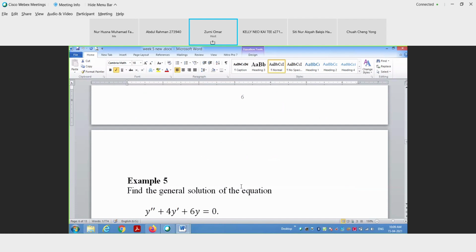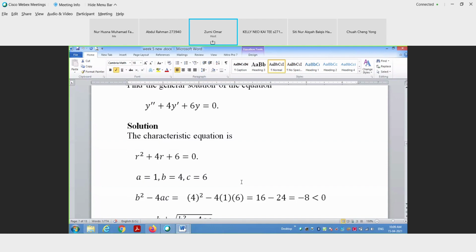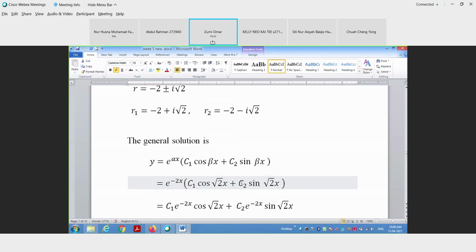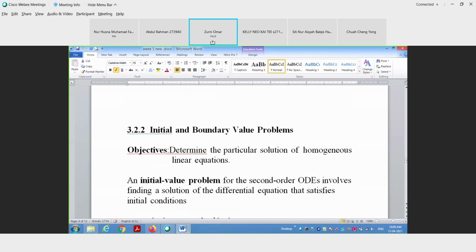We also did some examples to get general solutions. We can also find the particular solution if the conditions are given.